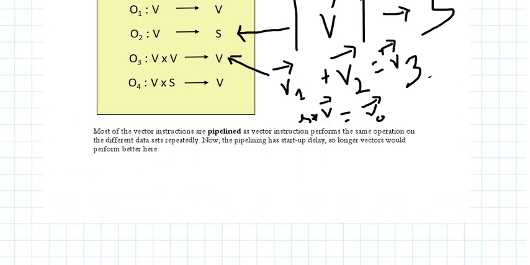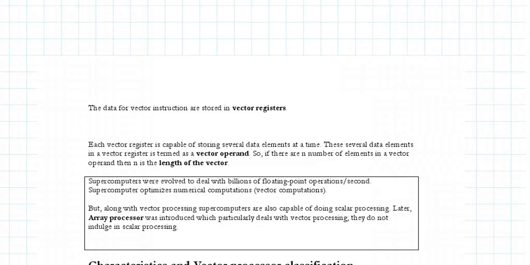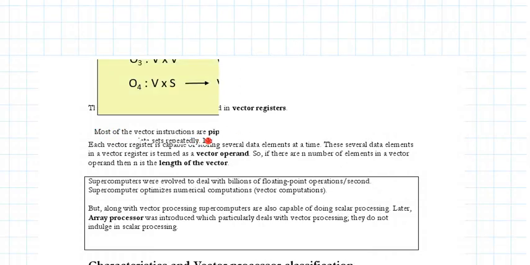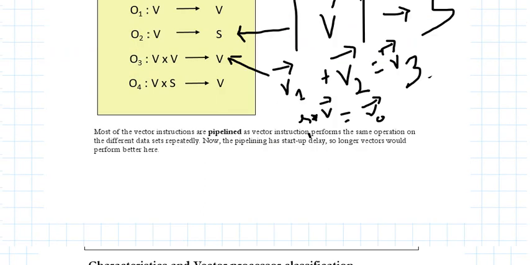Now, what usually happens is most of the vector instructions are pipelined. A vector instruction performs the same operation on different data sets repeatedly. This is as per the definition of vector operation.